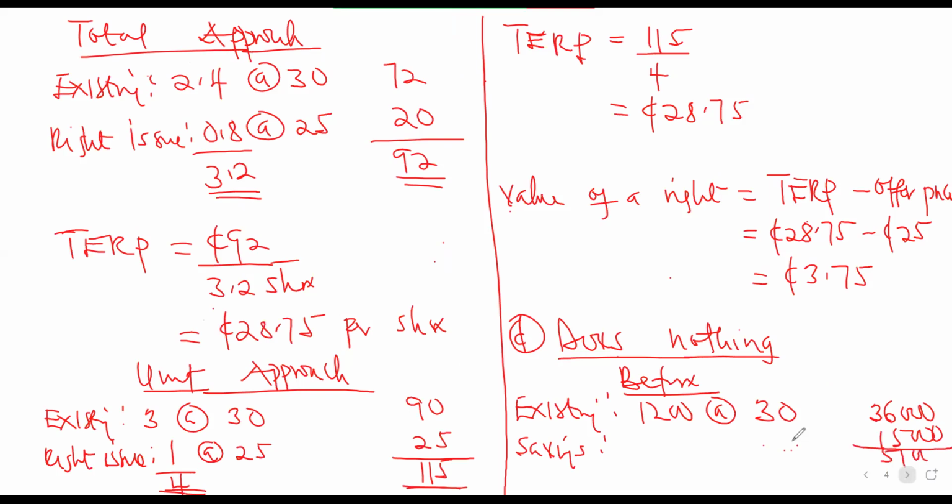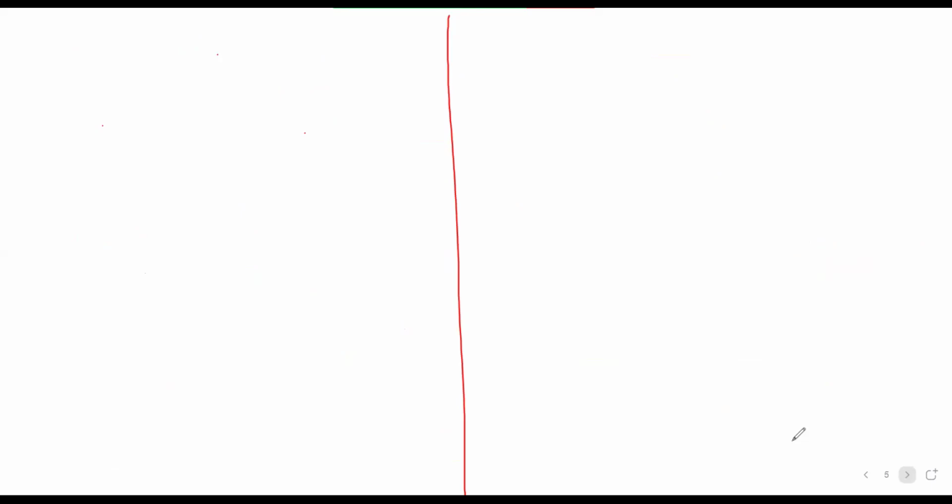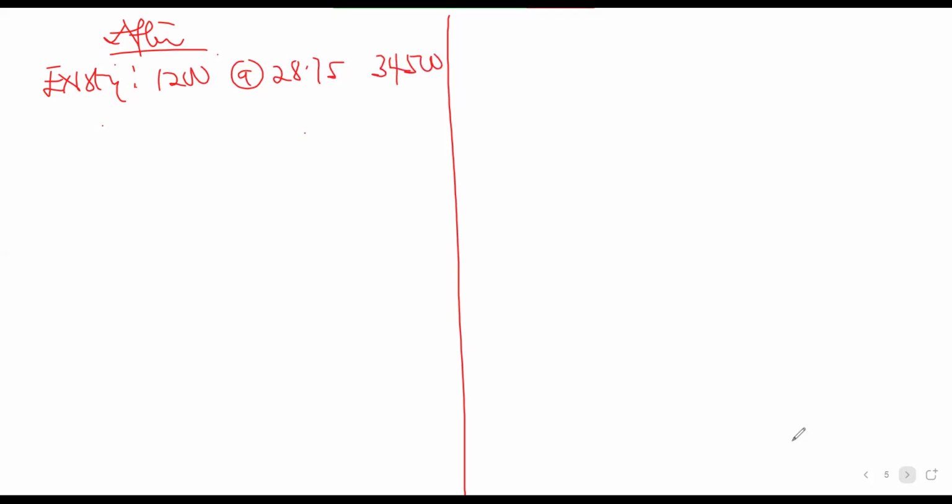Okay. After the project has been undertaken, the existing shares for him will be 1,200 at 28.75. That will give us 34,500. And the savings in his account will still be 15,000. But his share of the NPV, his share of the return on the project.